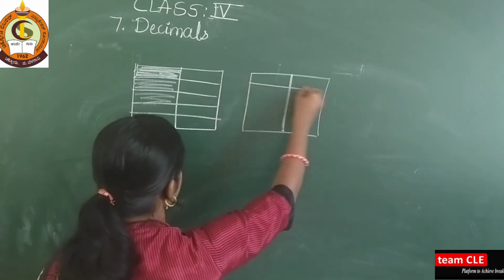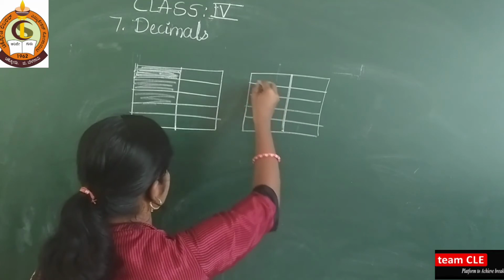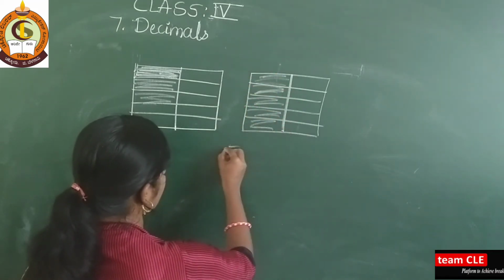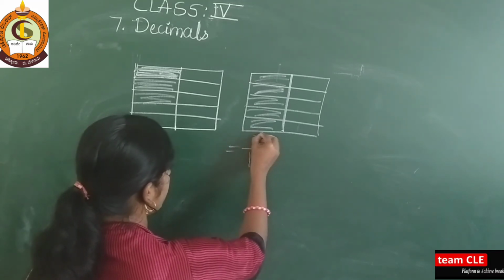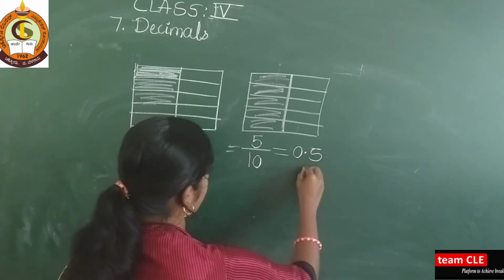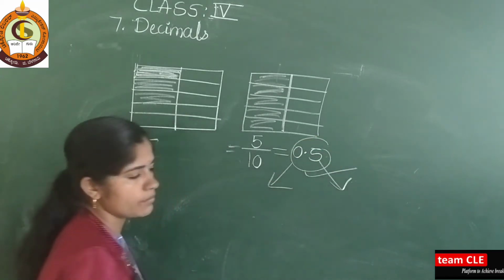So here 2 parts, 1, 2, 3, 4, 5, and I will shade 5 parts. Then the total parts are 10 and the shaded parts are 5. Then how to write this? 0.5. So here this is the whole part and this is the decimal part.